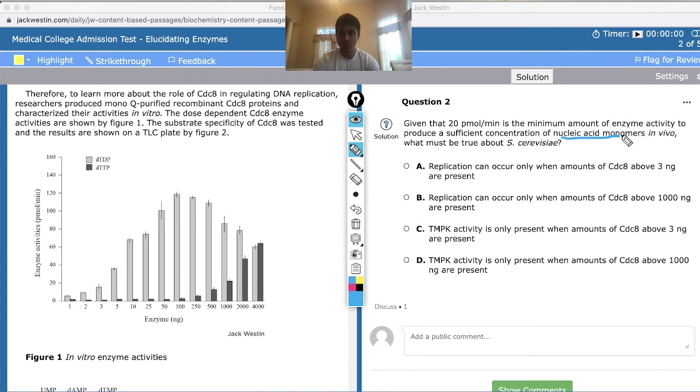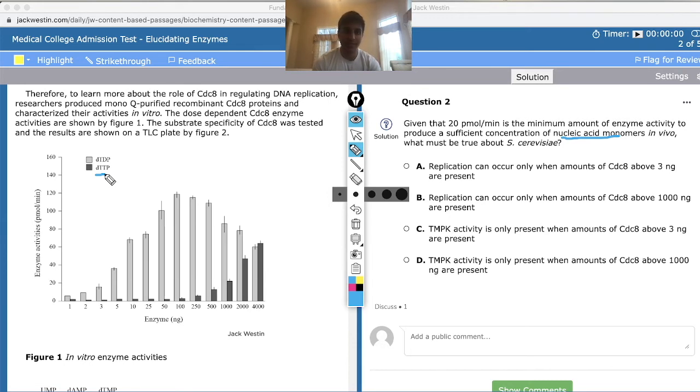So it's saying that we need 20 picomoles of dTTP produced per minute for us to have a sufficient concentration of nucleic acid monomers.